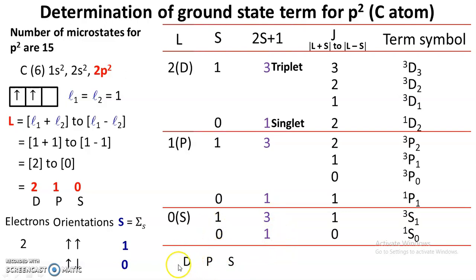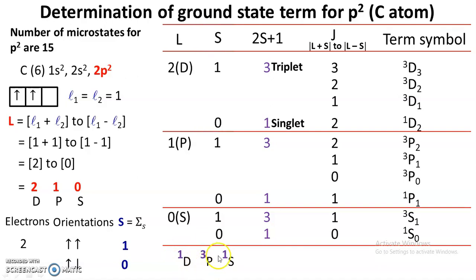So for D, you write singlet. Then for P, triplet. And for S, singlet. So write 1, 3, 1. Or in reverse order, one can write S, P, D: 1, 3, 1. From either side you start with 1, that is singlet.